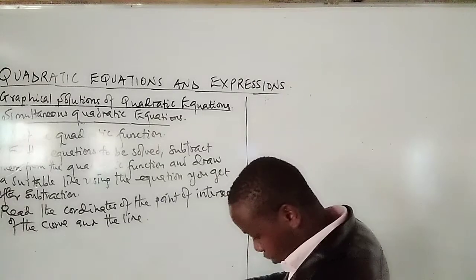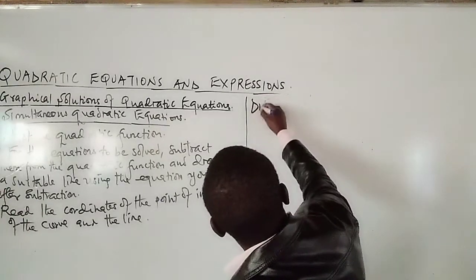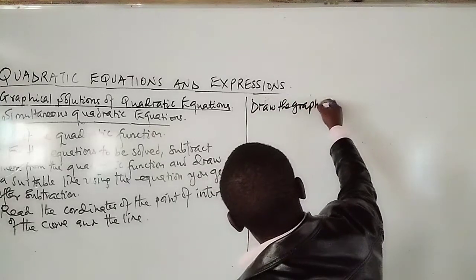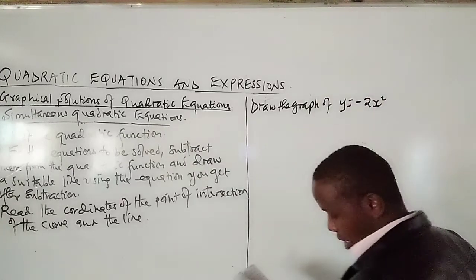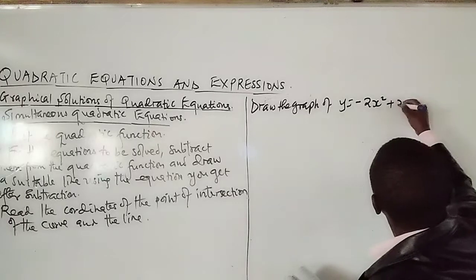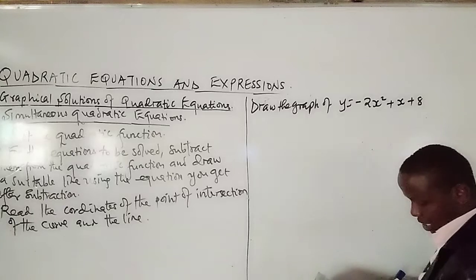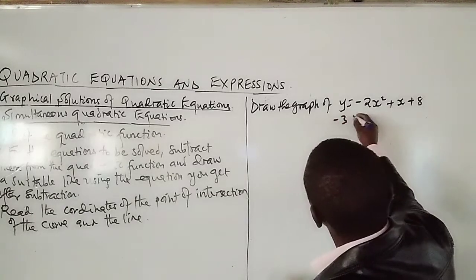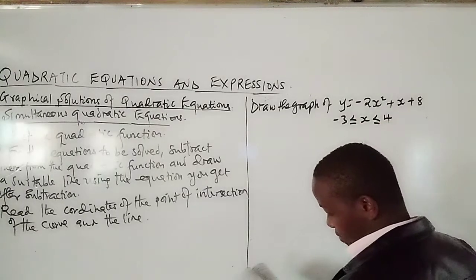You're told, using the grid below, draw the graph of y equals negative 2x squared plus x plus 8 for the values of x between negative 3 and positive 4.